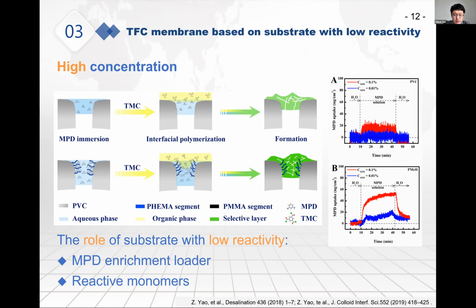The role of the substrates with low reactivity could be summarized as, first, the MPD enrichment loader, which could be confirmed by the QCM results shown on the right, and second, the reactive monomers.